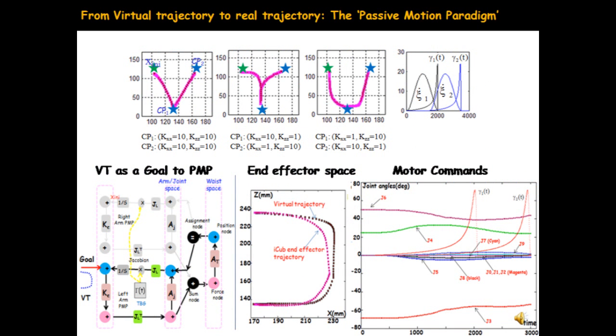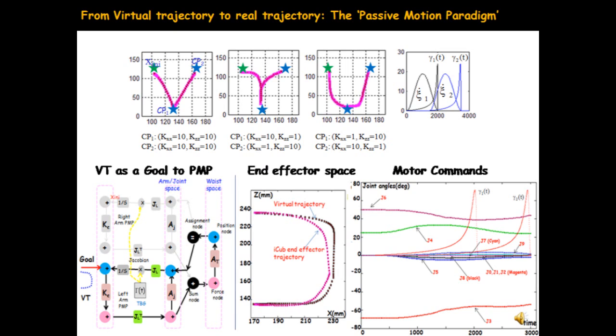For example, what happens if a virtual trajectory like a mirror image of a C is fed to the left arm chain of iCub? We can see in the graph of the end effector space that iCub's end effector almost efficiently tracks the evolving virtual trajectory. And at the same time, in the intrinsic space, which is the arm joints and the torso, you get the motor commands in the 10 degrees of freedom.